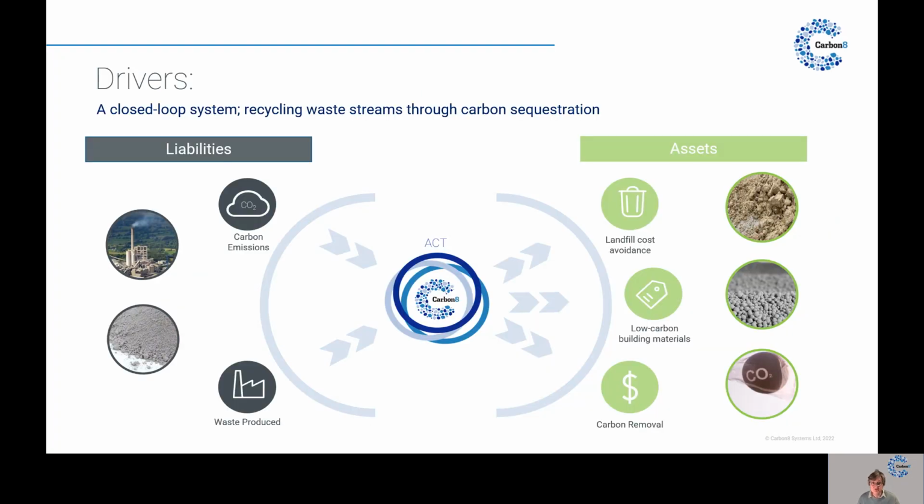So there are a range of drivers for the system, and we all know that these ashes are a problematic waste stream from energy from waste, or many of the other hard to abate industries such as steel or cement, paper, or energy from waste. They produce these fine-grained residues and the CO2.